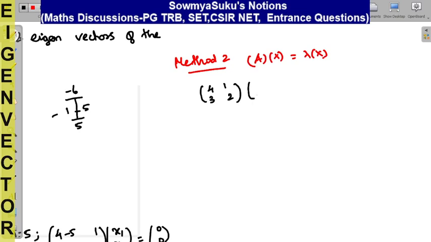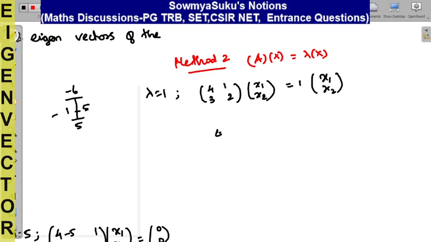The second method is method 2, that is A x equals lambda x. Here A is 4, 1, 3, 2, and x is x1, x2. I am taking lambda equal to 1, so this equals 1 times x1, x2.